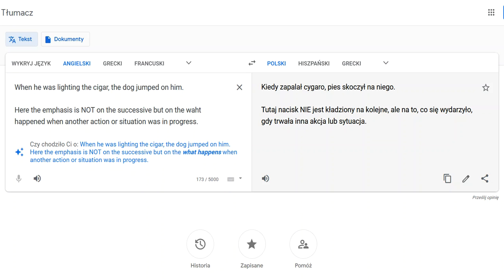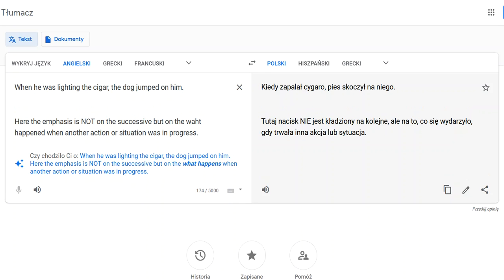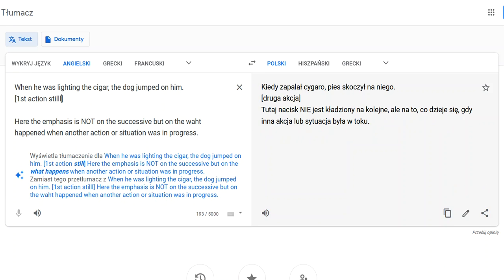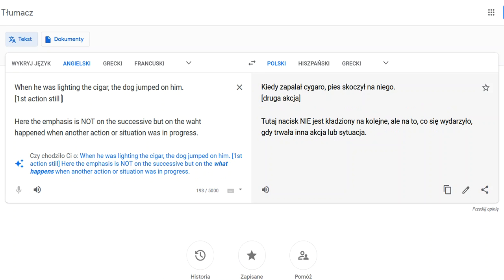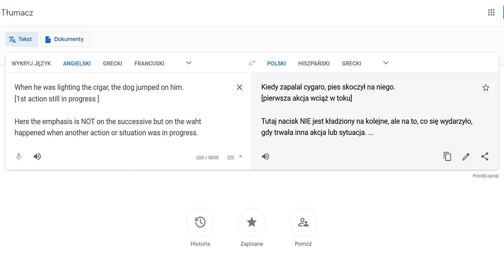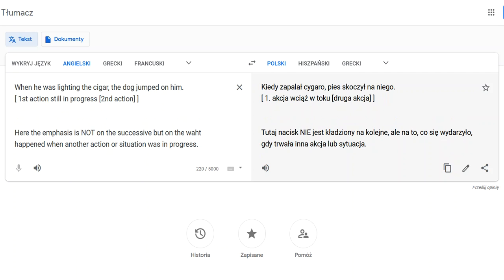Okay? So this is the first action, still in progress, and in that action we have another one. Okay? The second action. Now compare this.